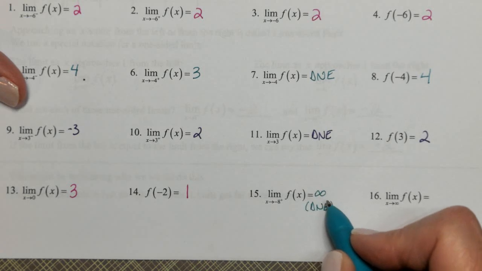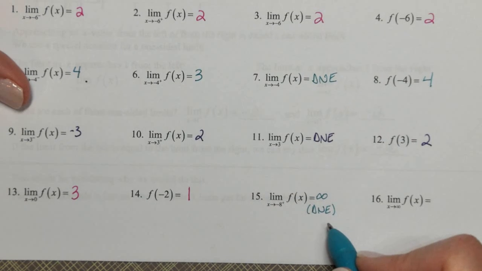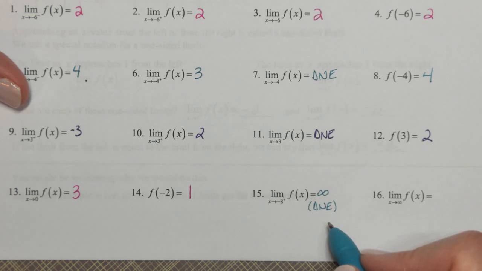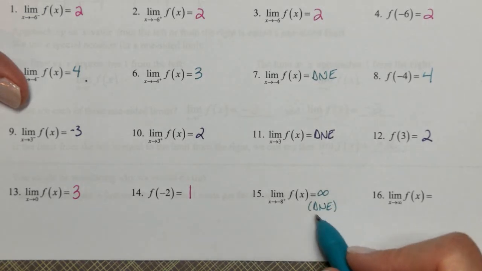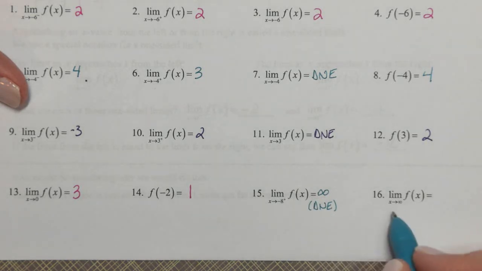If you do get infinity, I'd like you to write infinity, and then parentheses DNE, because it is a special type of DNE. If back in geometry you had a square and you said that it was a square, you wouldn't necessarily write underneath it that it's also a quadrilateral, right? But I do want you to say that it is a non-existent answer.